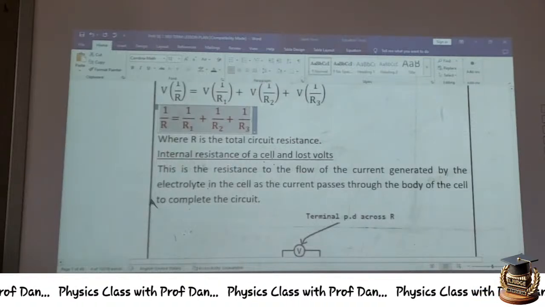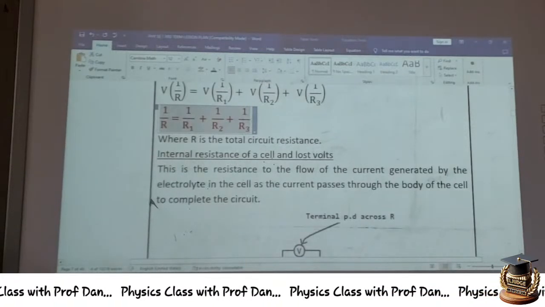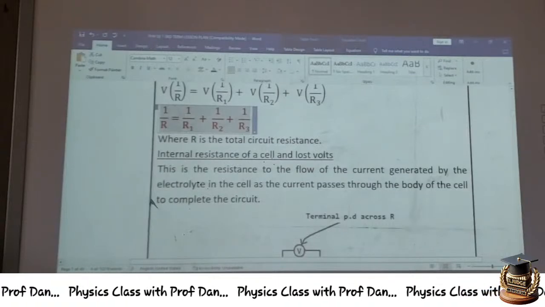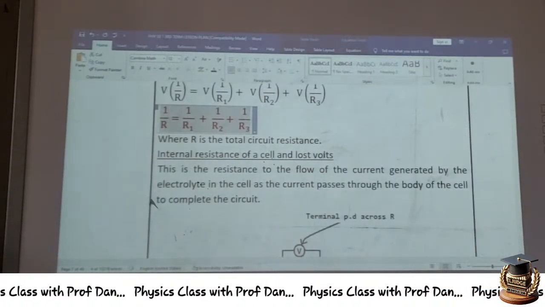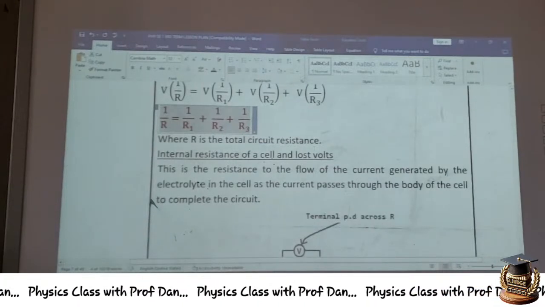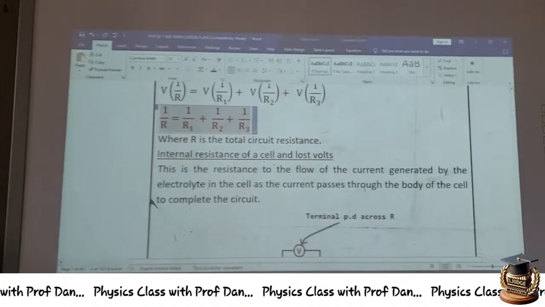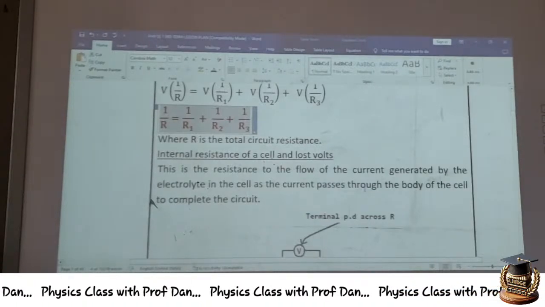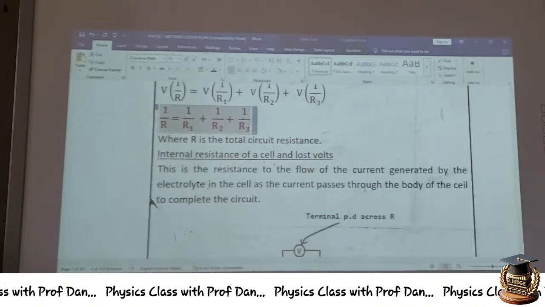But there is a particular thing we call the internal resistance of a cell and lost voltage. Every cell has a form of internal resistance, the opposition to the flow of electric charges in that cell. This internal resistance is the resistance to the flow of current generated by the electrolyte in the cell as the current passes through the body of the cell to complete the circuit.